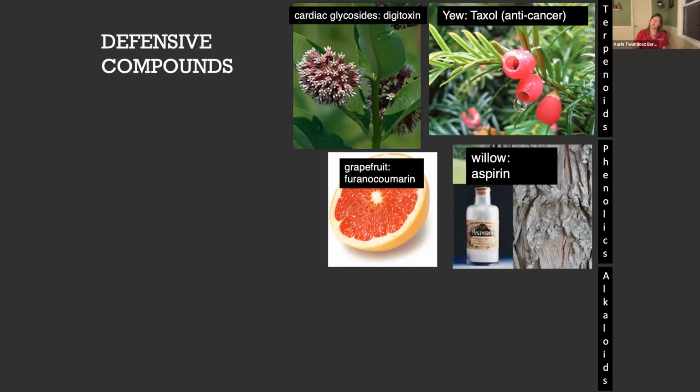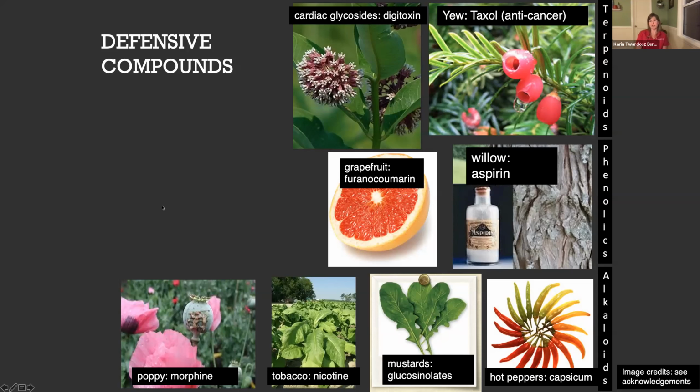Furanocoumarins, which are found in grapefruit and also other plants, are a common phenolic. If you've ever taken a drug and you've been told not to eat grapefruit while you were taking that drug, it's because of this secondary metabolite, which is present and will actually interact with a number of antibiotics and other microbial compounds. And so that's why you don't want to be mixing it with your medicine.